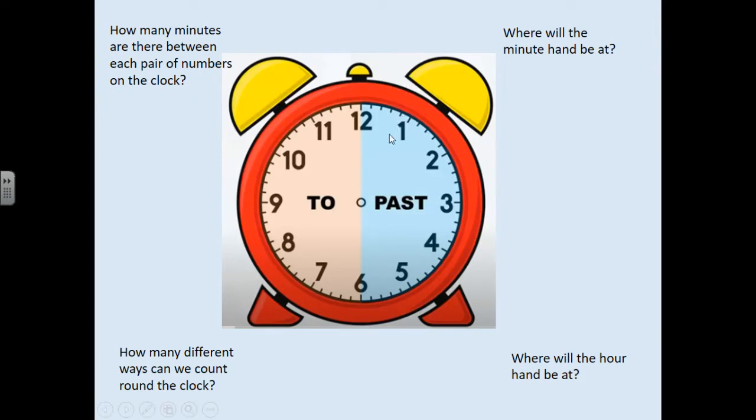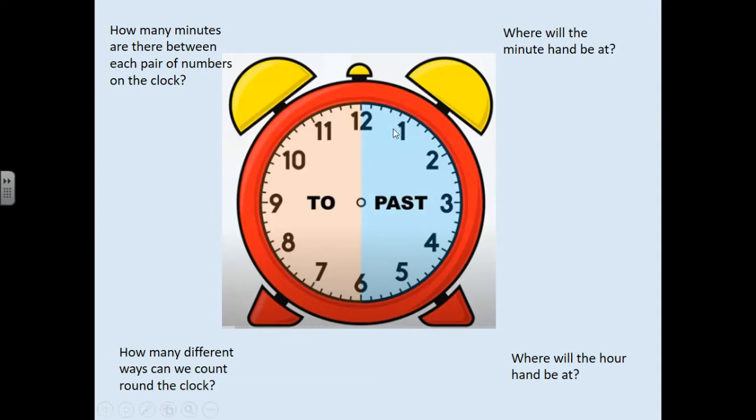We've got these big numbers here, 1, 2, 3, 4, 5, all the way to 12. We're going to use the 5 times tables and count in 5s. Let's start at 12, and each time I move the minute hand to one of the big numbers on the clock, it has counted 5 minutes.